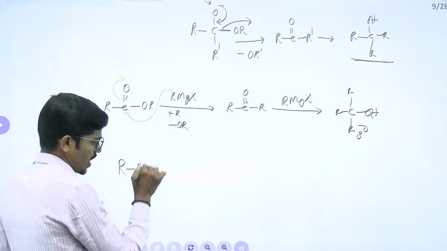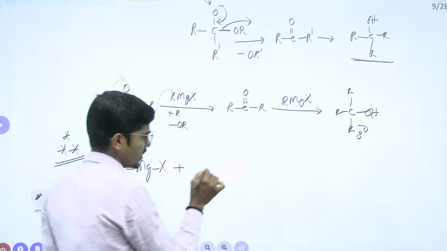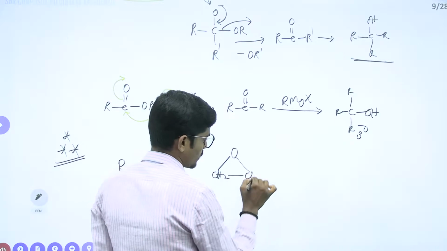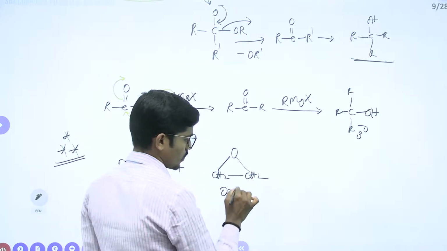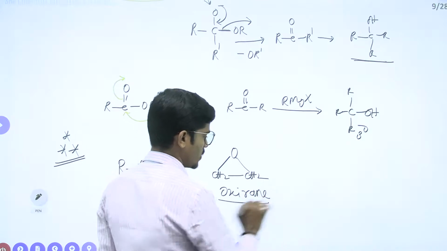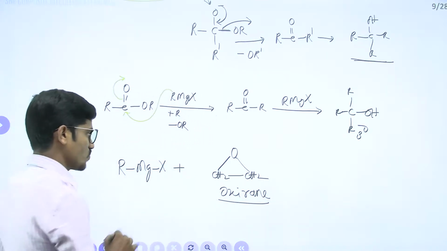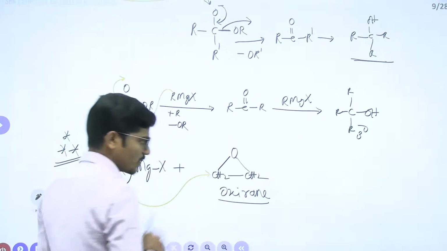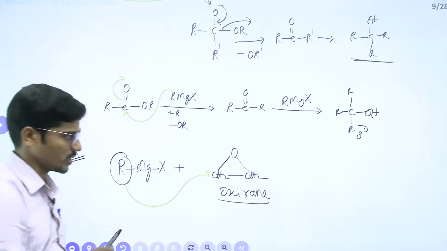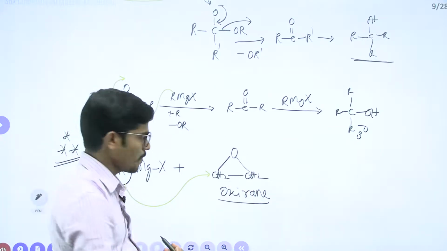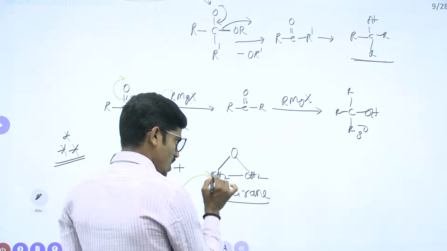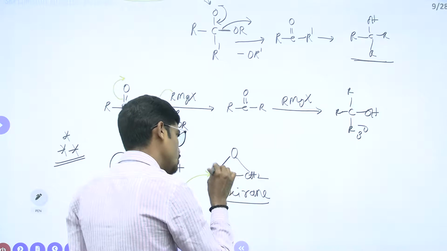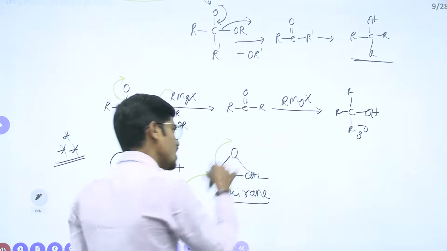So the Grignard reagent RMgX, when treated with oxirane, that is ethylene oxide, the R group first attacks one of the carbon atoms, which is more electron deficient. Here both are equally deficient. When it attacks this carbon atom, this bond will be polar because oxygen is more electronegative, and as a result this bond gets shifted onto the oxygen.